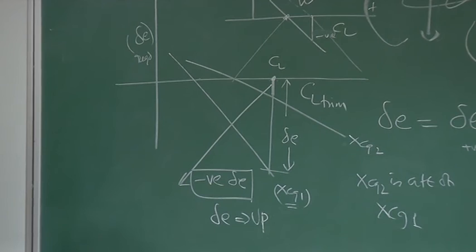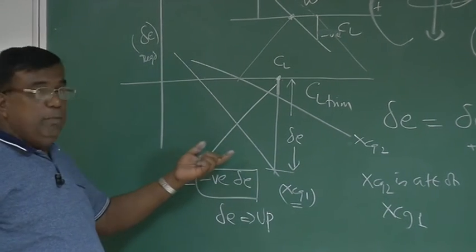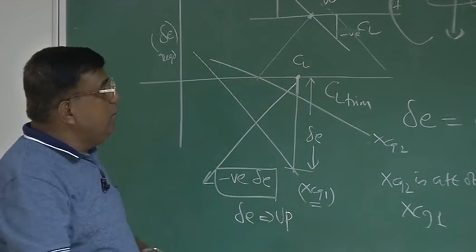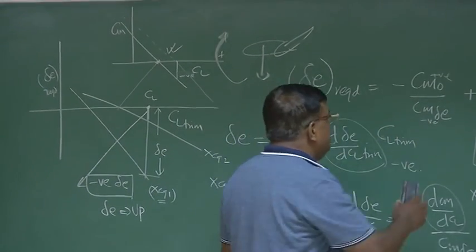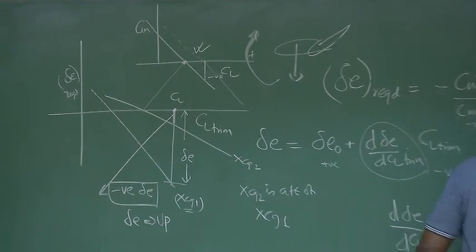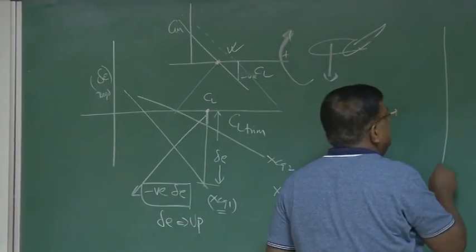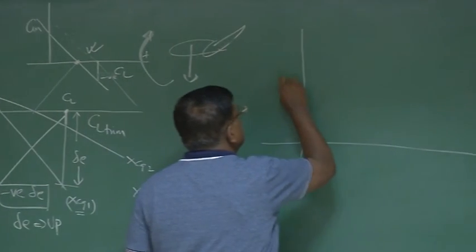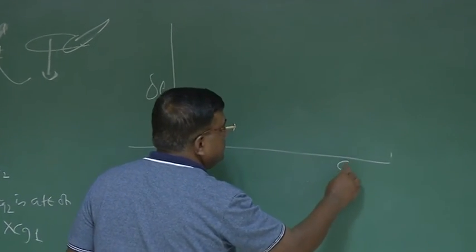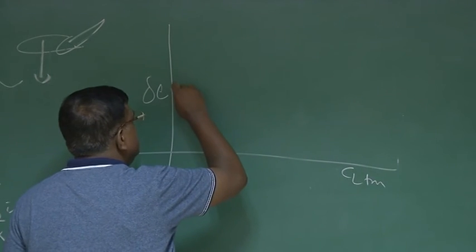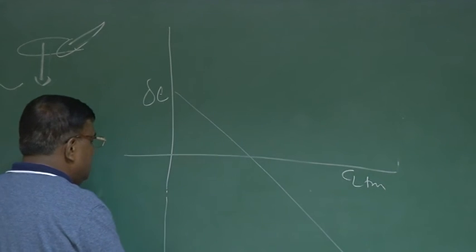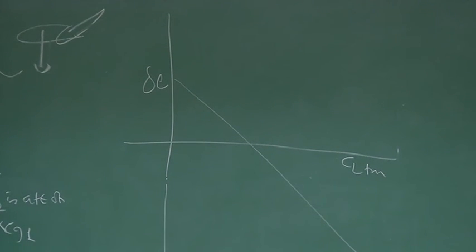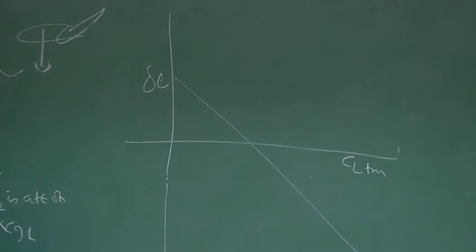Now the question comes, do I have this much of limit? How far can I stretch the delta E deflection? How do I decide that? Let us see. From the delta E requirement point of view I am only talking, okay?